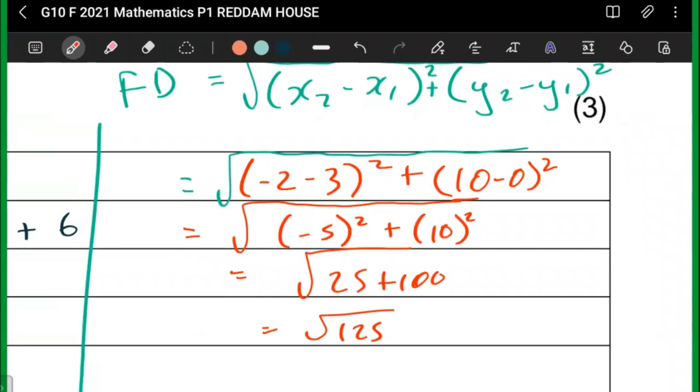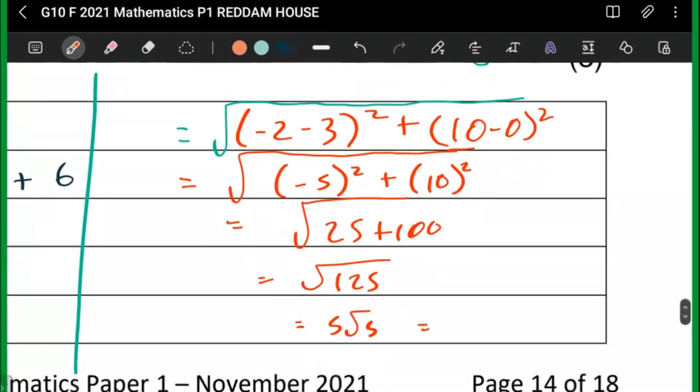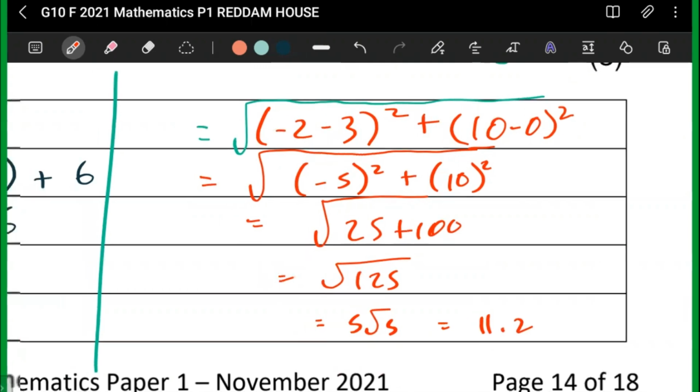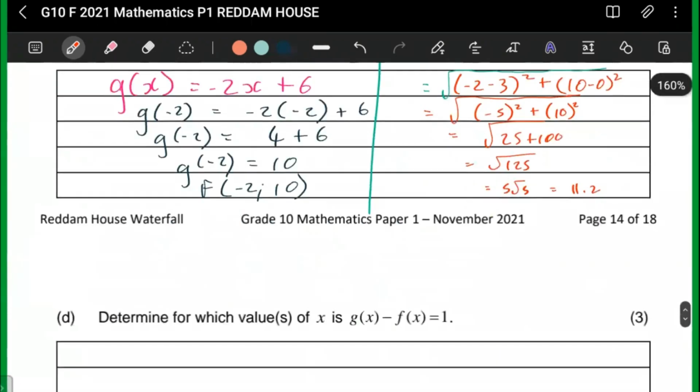Remember, 125 is not a square number, so you may want to just leave that the way it is. In your calculator though, you're going to get 5 square root of 5. If you go further, you're getting 11.2 units.